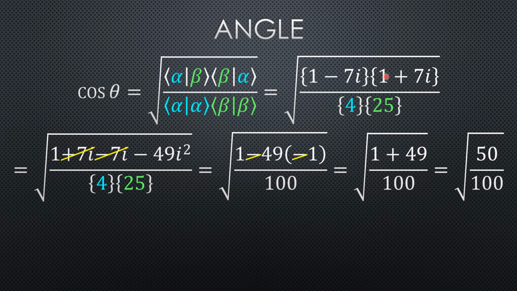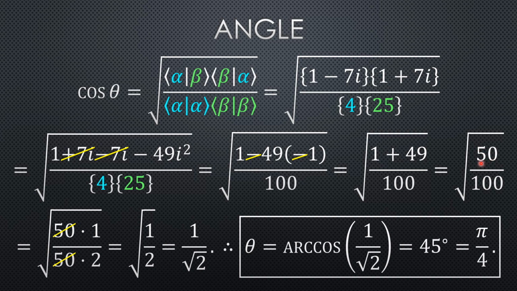Distribute this 1 to 1, 1 to positive 7i. Negative 7i to 1, negative 7i to 7i. That's how we get negative 49i squared. But the cross terms here cancel. Love it. Then we see that we get a negative here, and then i squared goes to negative 1. So our negative and negative cancel, leaving us with 1 plus 49, or 50 over 100. Really not too bad, thankfully.